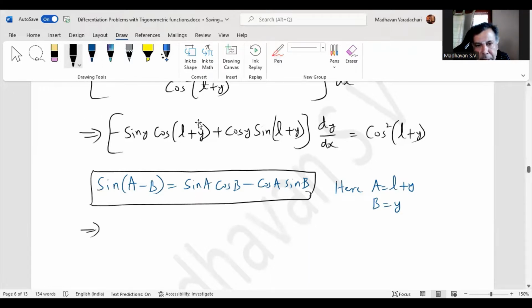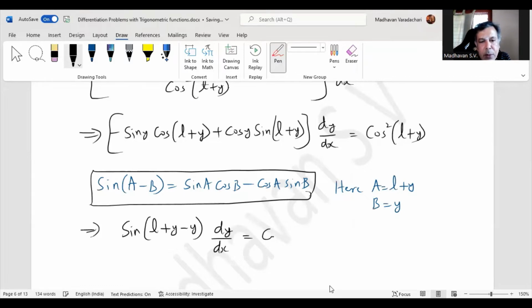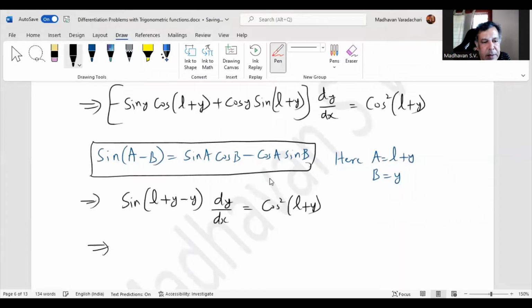So you will have sine A cos B minus cos A sine B. So I can write the left hand side now as sine of (A minus B), that is (a plus y minus y), times dy by dx is equal to cos square of (a plus y), which means sine a times dy by dx will be cos square of (a plus y).